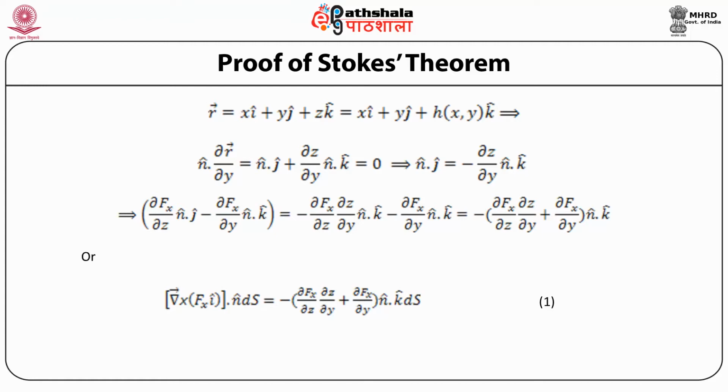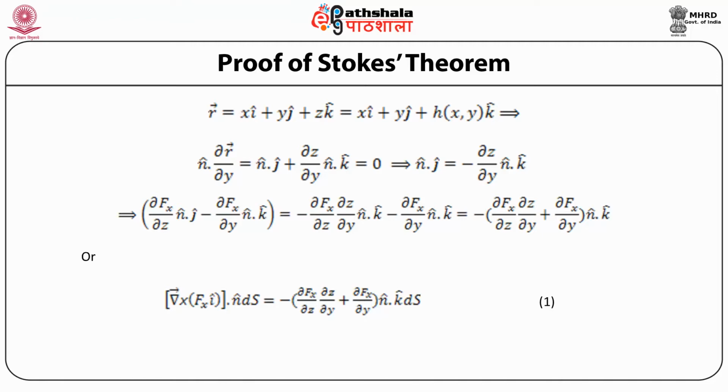So this implies that n cap dot j cap equals minus ∂z/∂y into n cap dot k cap, which implies that ∂Fx/∂z n cap dot j cap minus ∂Fx/∂y n cap dot k cap equals minus ∂Fx/∂z ∂z/∂y n cap dot k cap minus ∂Fx/∂y n cap dot k cap, equals minus (∂Fx/∂z ∂z/∂y plus ∂Fx/∂y) into n cap dot k cap.